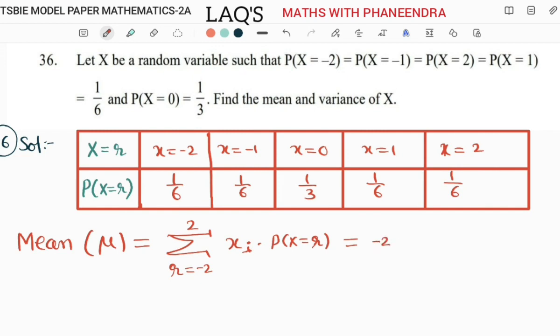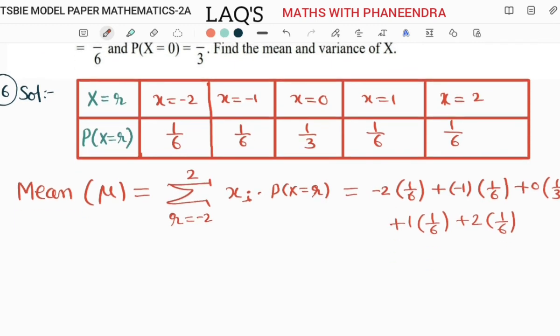So we will do that as minus 2 into 1 by 6 plus minus 1 into 1 by 6 plus 0 into 1 by 3 plus 1 into 1 by 6 plus 2 into 1 by 6. So which is equal to minus 2 by 6 minus 1 by 6 plus 0 plus 1 by 6 plus 2 by 6.